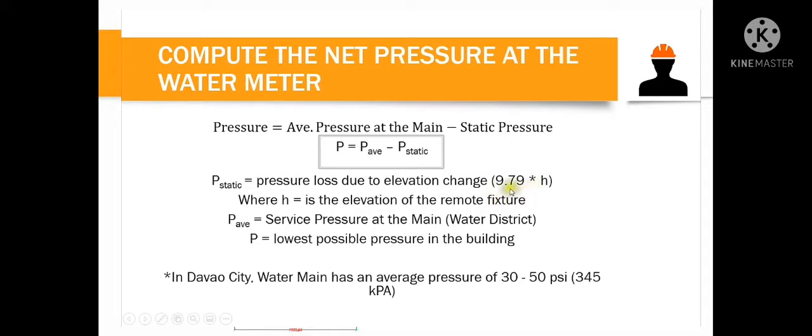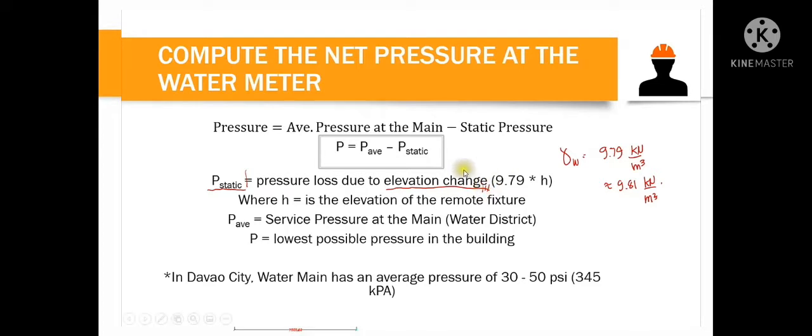The unit weight of water is 9.79 kilonewton per cubic meter, or approximately, it can also be 9.81 kilonewton per cubic meter. Okay, so if you multiply it by height, we can compute for the pressure due to the change in height. Actually, you will know more of this in our hydraulics or fluid mechanics.